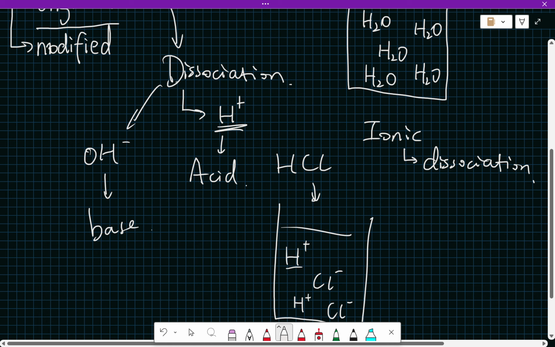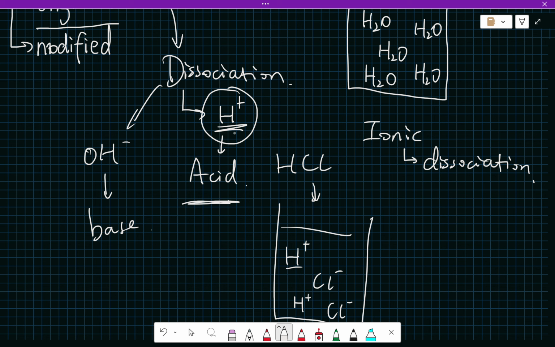But technically, for acids, this dissociation for hydrogen chloride, or sometimes we call it hydrochloric acid, is not technically dissociation because this is a molecular compound. Therefore, we actually call this process ionization.